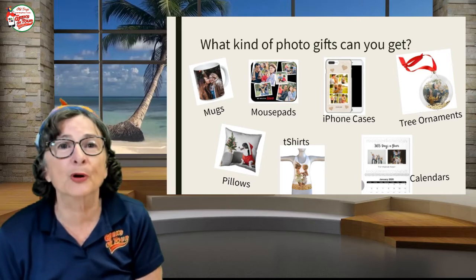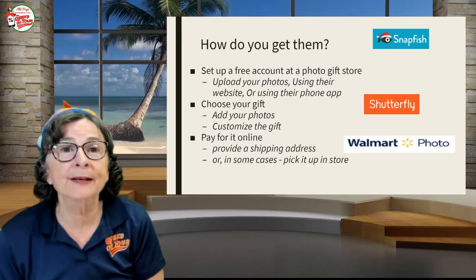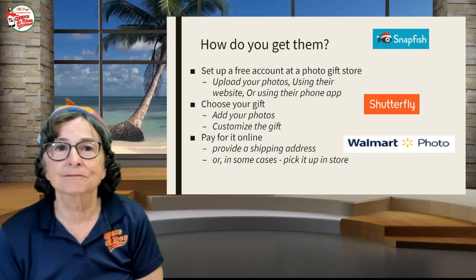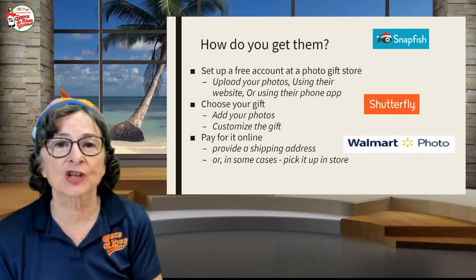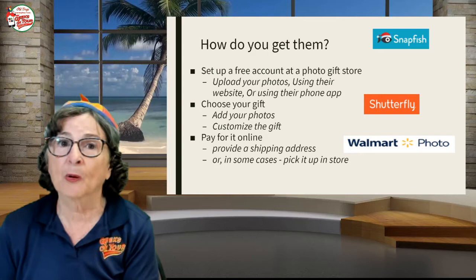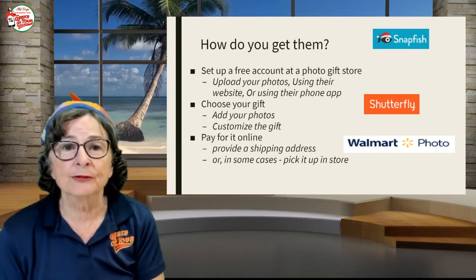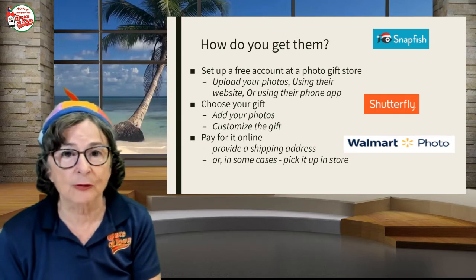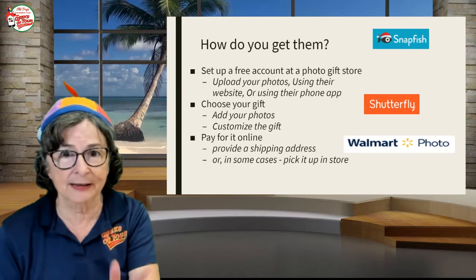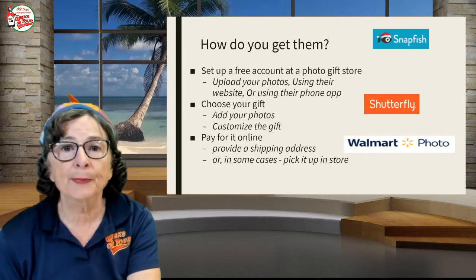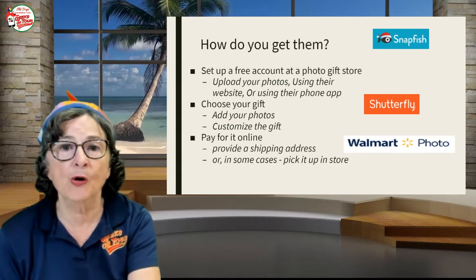And what great gifts to give. It's a personalized gift. So how do you get them? Well, the two granddaddies of photo gifts are Snapfish and Shutterfly. But Walmart is pretty amazing also. All you do is set up a free account at one of these stores, and there are others. These are just kind of the top ones. You upload your photos using their website or using a phone app.